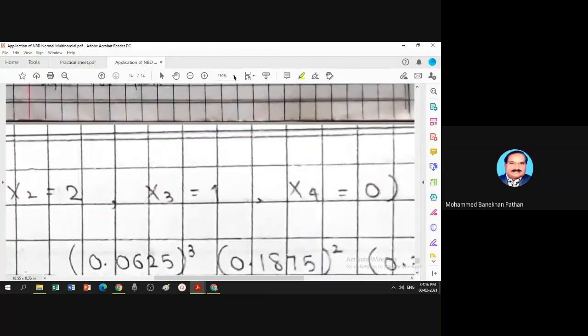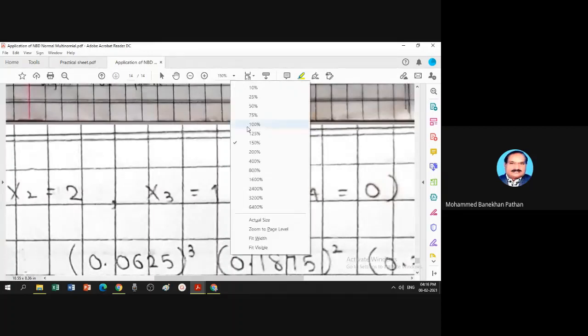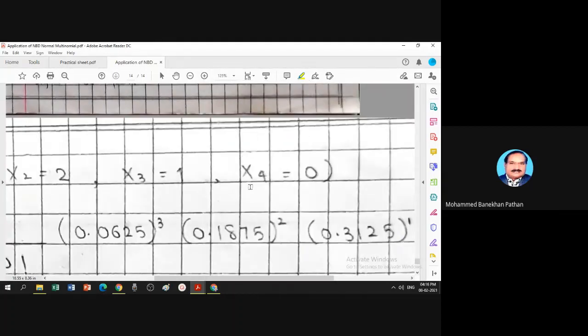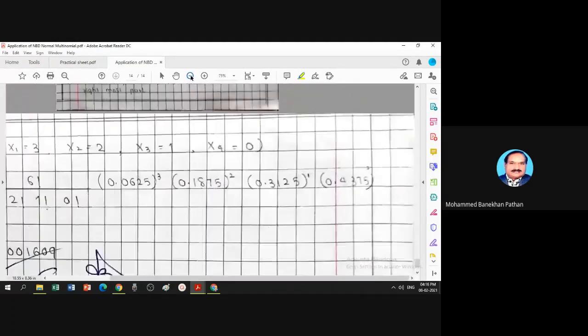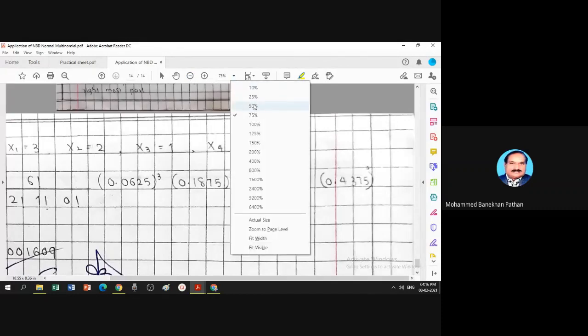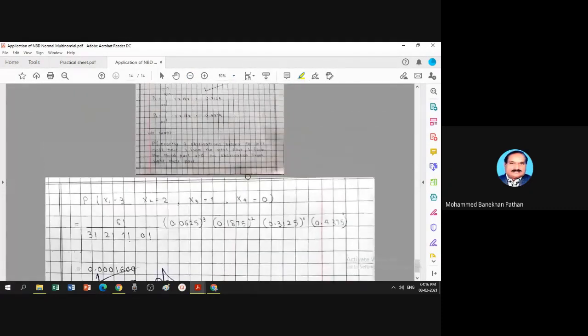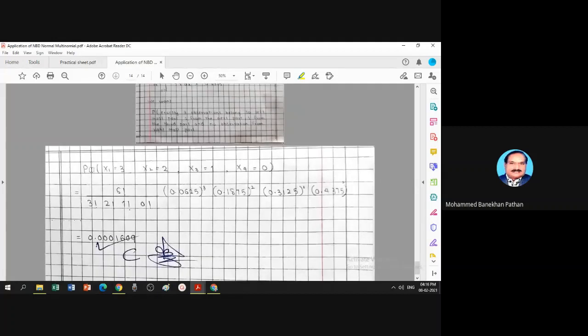So I have the calculation: probability x1 equal to 3, x2 equal to 2, x3 equal to 1, x4 equal to 0. Put the values in the multinomial formula.